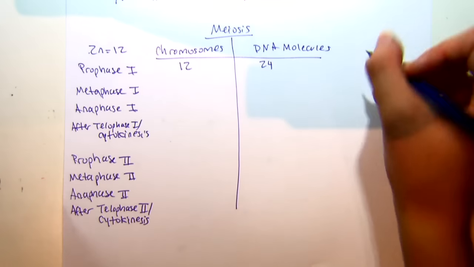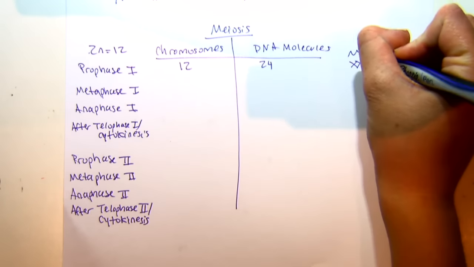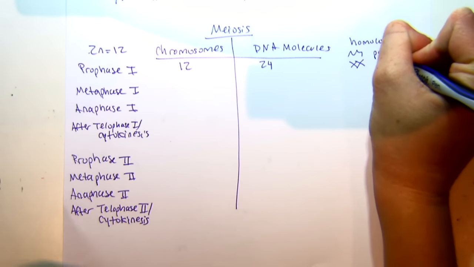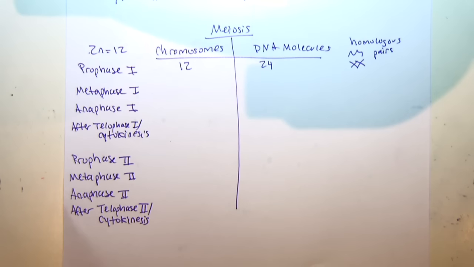So keep in mind, we are dealing with homologous pairs in meiosis. Our goal of meiosis 1 is to pull homologous chromosomes apart. And our goal in meiosis 2 is to pull sister chromatids apart. So for the G1 phase, S and G2 phase, they would all be the same 12 chromosomes?